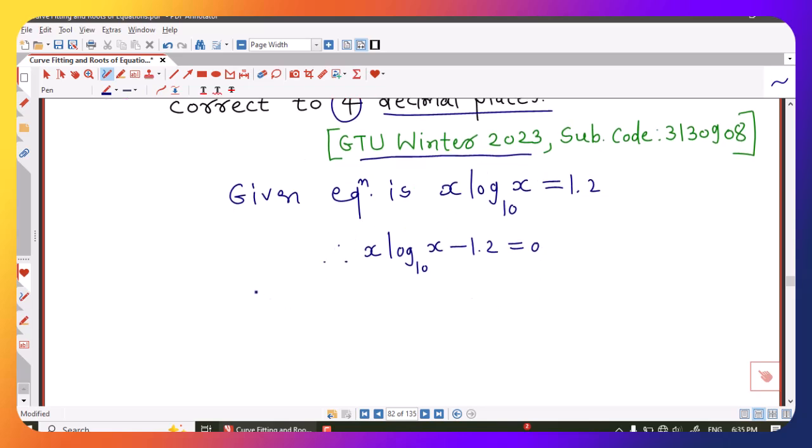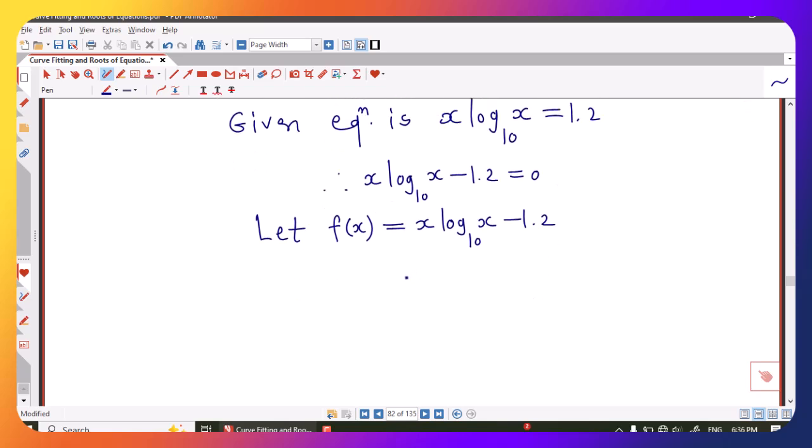And if we compare with f of x equal to 0, we can take our function f of x as x log x base 10 minus 1.2. And we have to consider first derivative of this function.